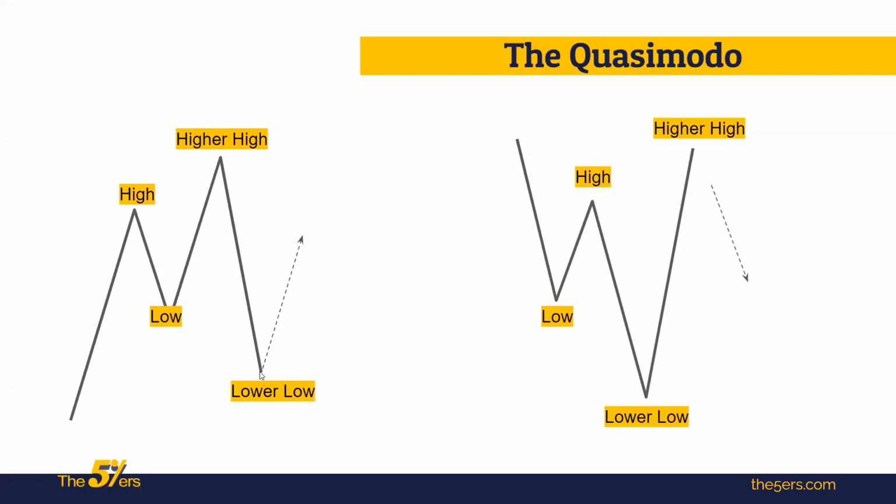And once we have that lower low, we would want to sell from the high of the left shoulder. We are not going to wait for a double top because it's not always happening. So our trade will be from the level of the left shoulder, and our stop will be above the swing of this Quasimodo formation. That will be our entry to sell.